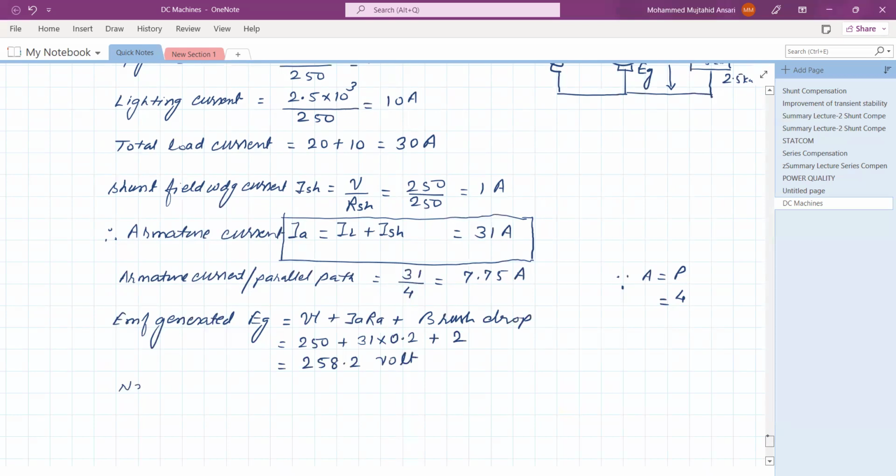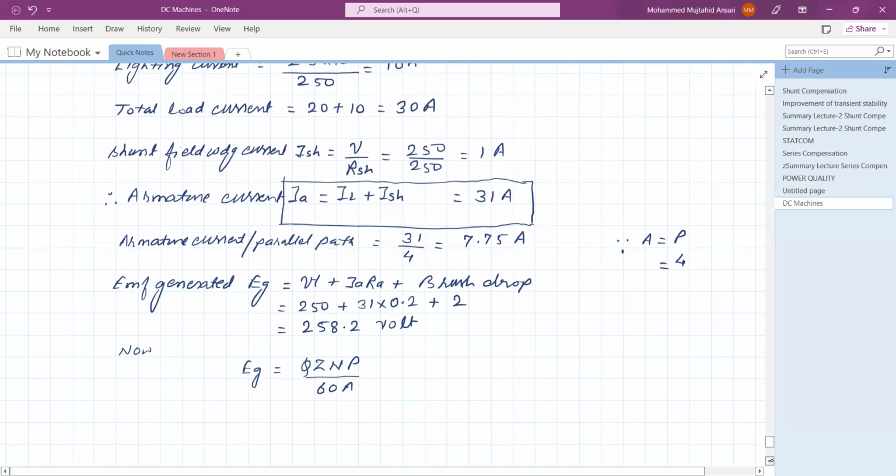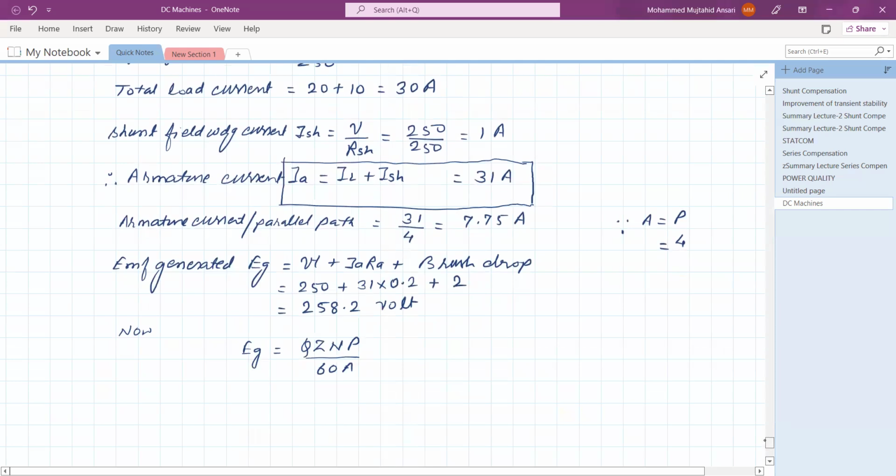Now, EMF generated is equal to phi Z N P upon 60A. Here P and A are the same. So we will just put the values. EMF generated already calculated, 258.2.